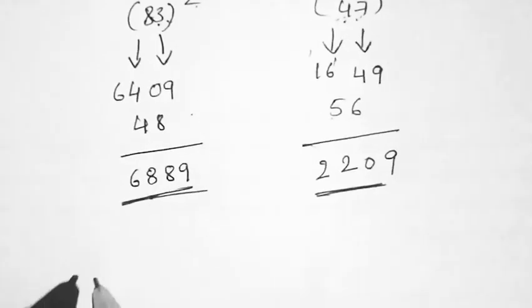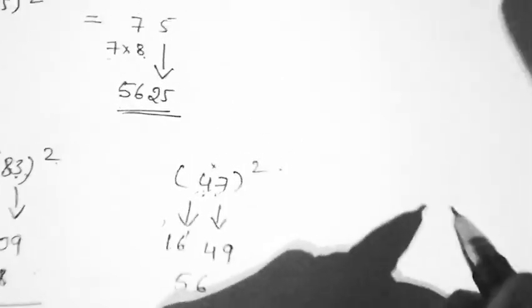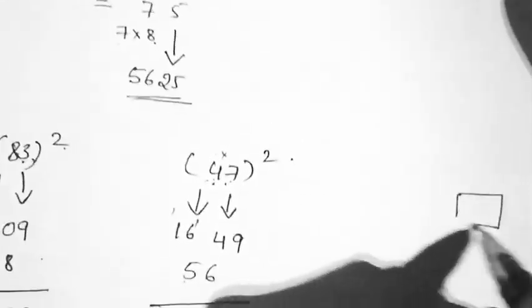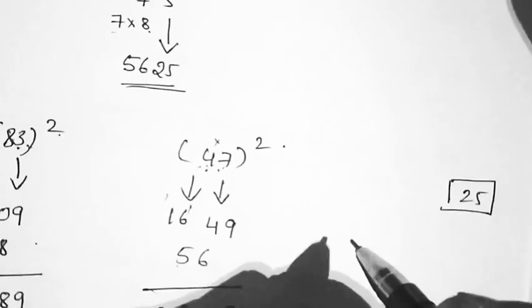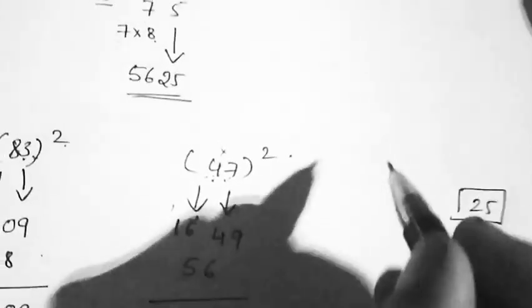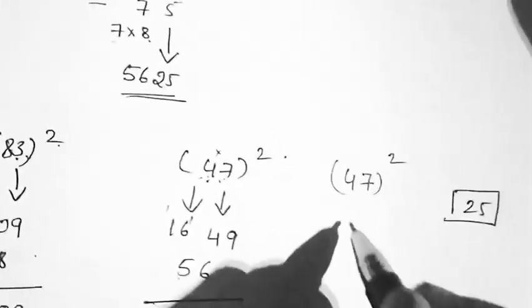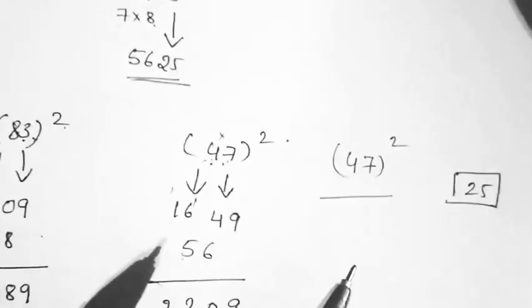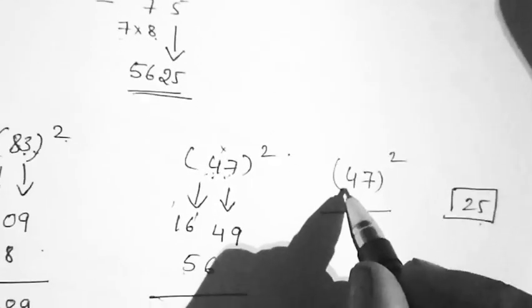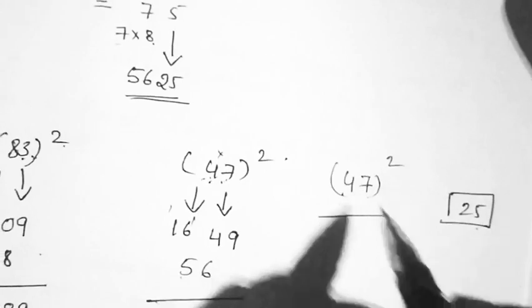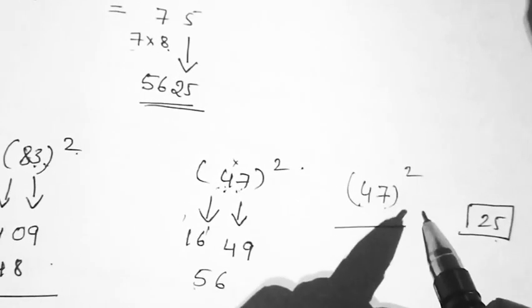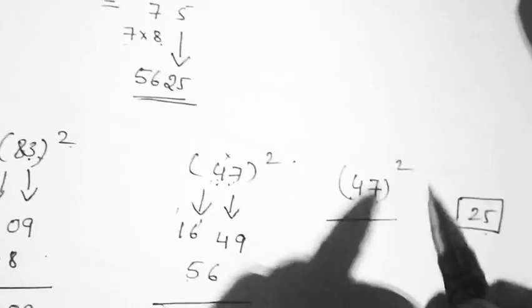And 47 square we can do in another way also, because 47 is a nearby value of 50. So we have to remember 25 in our mind. So 47, how to get the square earlier than this method. 47 is 3 lesser than 50, correct? 50 minus 47 is 3.